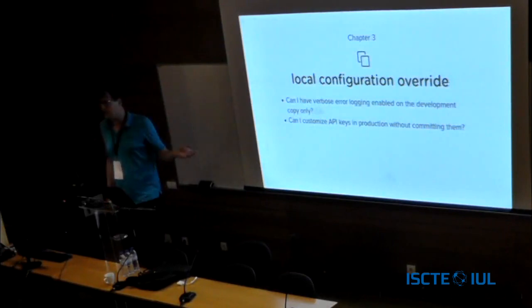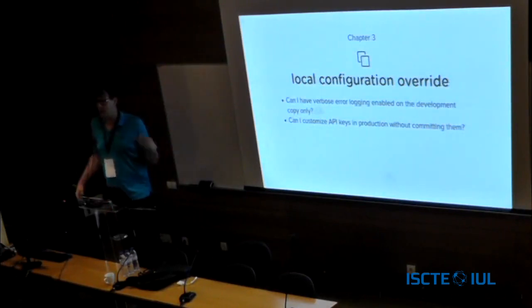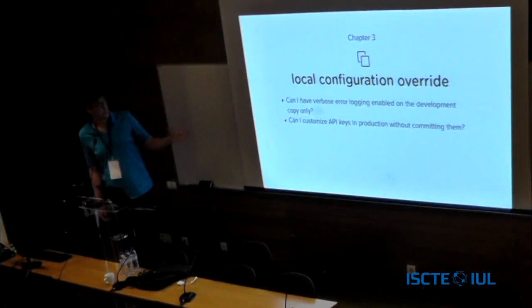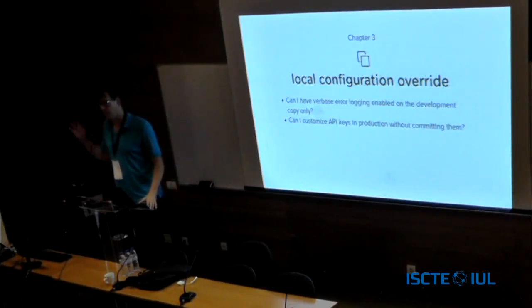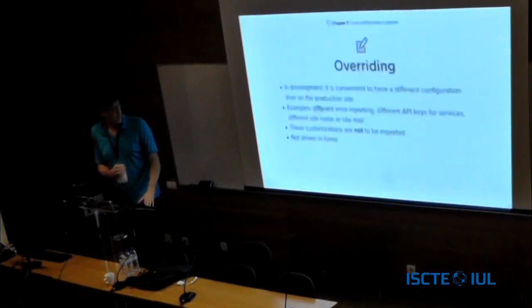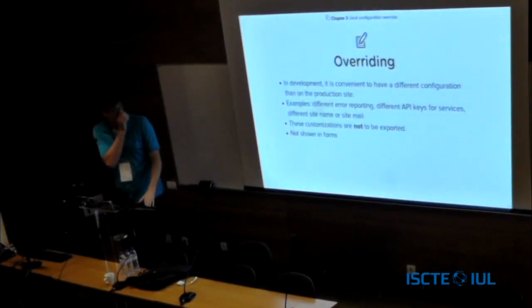Then this is part of the other DrupalCon presentations: environment-specific configuration. In the same site, you want to have different configuration per environment. Drupal 8 core already comes with a configuration override system.